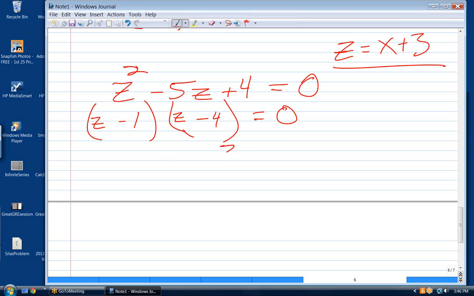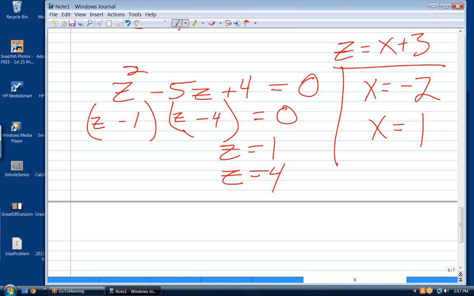Okay, let's do it the other way. z equals 1, z equals 4. So if z equals 1, what does x equal? Then x equals negative 2. And if z equals 4, what does x equal? x equals 1.